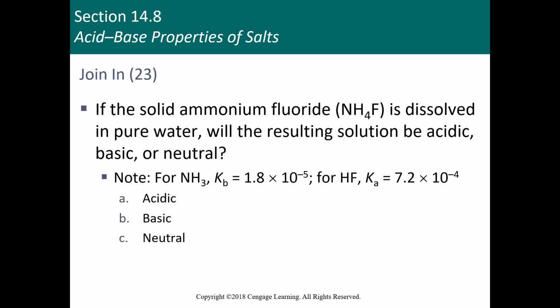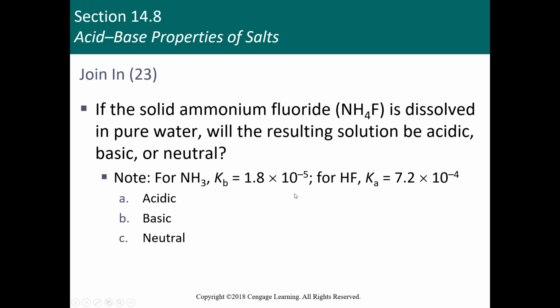And so you would expect this to be basic. If the solid ammonium fluoride, NH4+ and F minus, that's the two ions there, is dissolved in pure water, will the resulting solution be acidic, basic, or neutral? And they've given us our NH3 and HF, the Kb for NH3 and the Ka for HF.